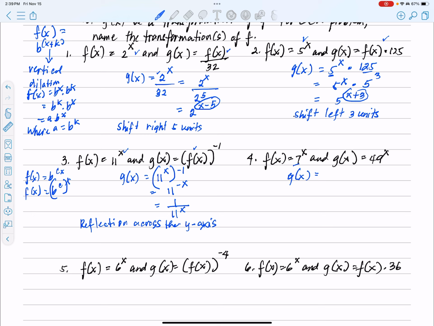That would be 7 squared raised to the x power. So you have 7 to the power of 2x. There is a horizontal dilation taking place, whether it's stretch or shrink.